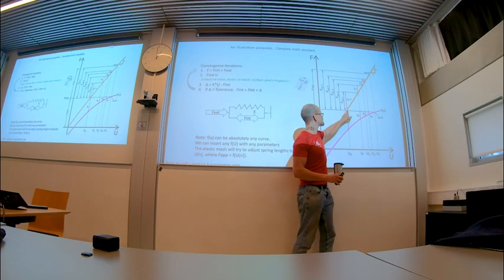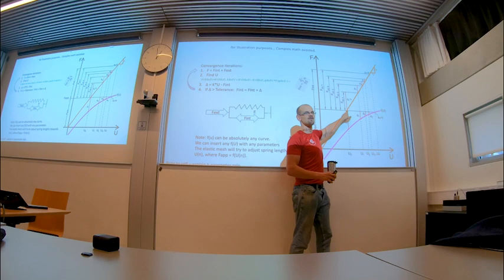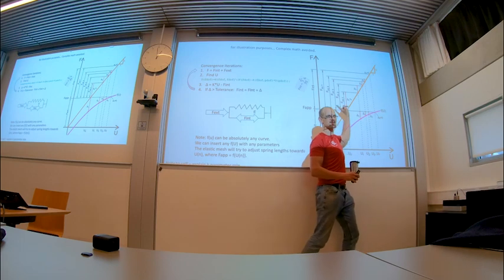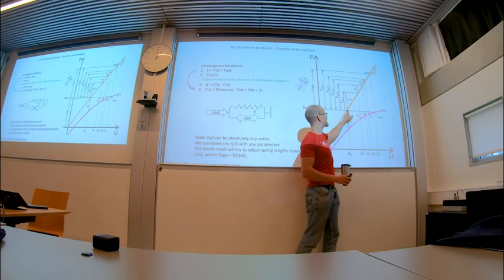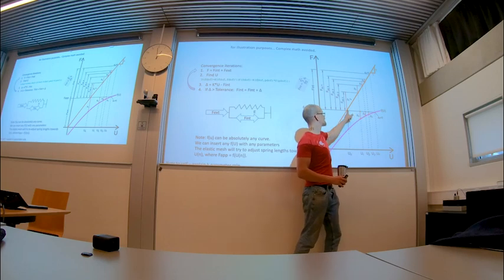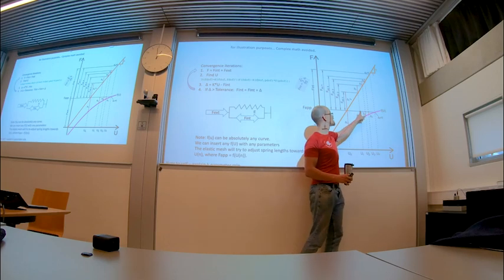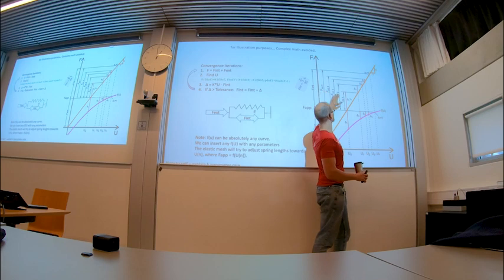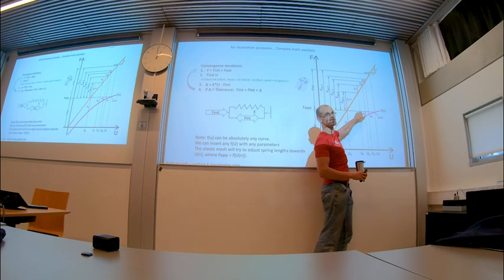So if your elastic spring says this length at this force, but you want that spring to have this length at this force, what happens is you add a plastic increment. Let's call it plastic strain increment.